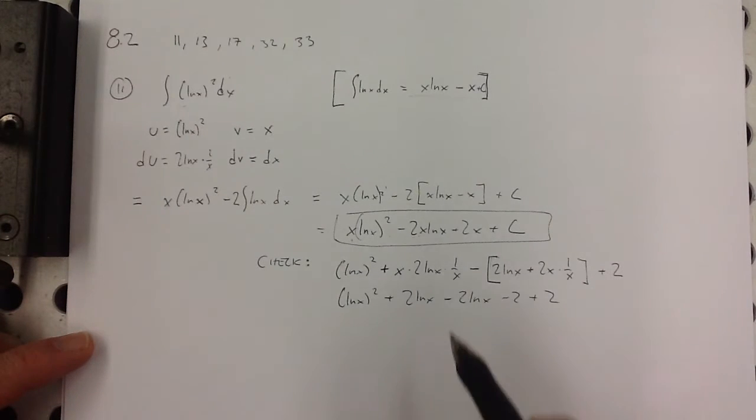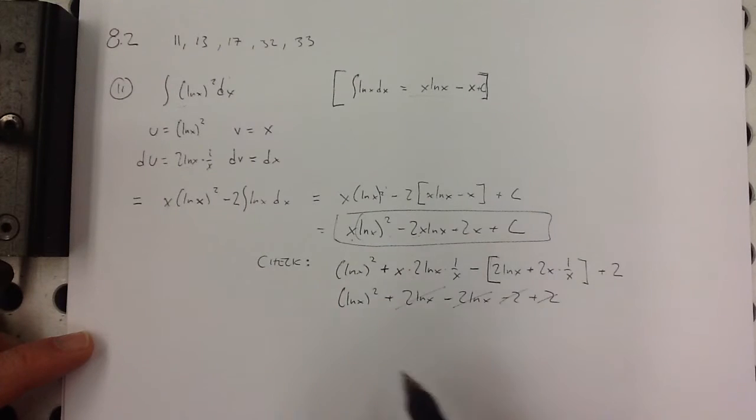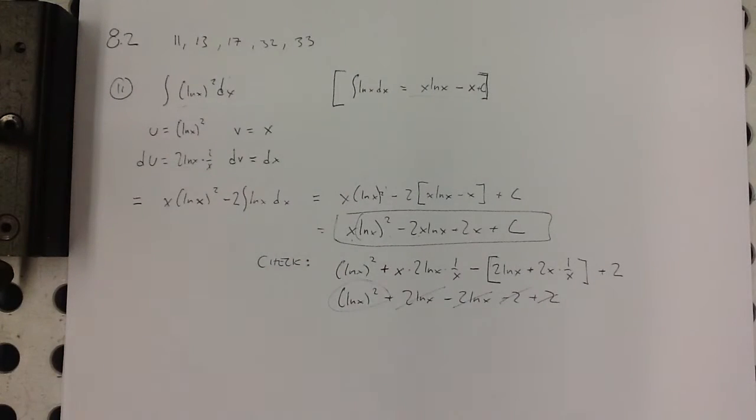And would you look at that, the 2 natural log x cancel, minus 2 plus 2 cancel, and sure enough, we get that. It's a pretty cool technique when you look at how complicated that is and that it all simplifies back to this. It just shows us all the product rule involved here. Integration by parts is the product rule backwards.